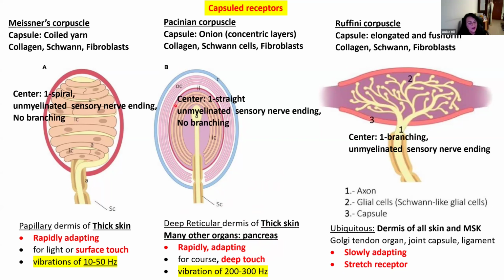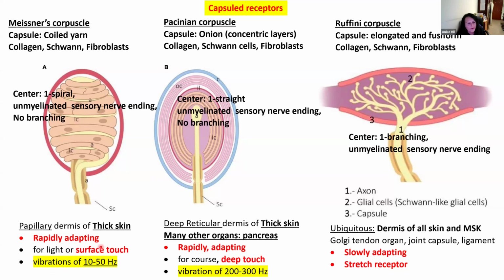So this guy is not waking up from a light touch or light vibration. This guy needs a very heavy vibration to wake up in the deep of the reticular dermis.